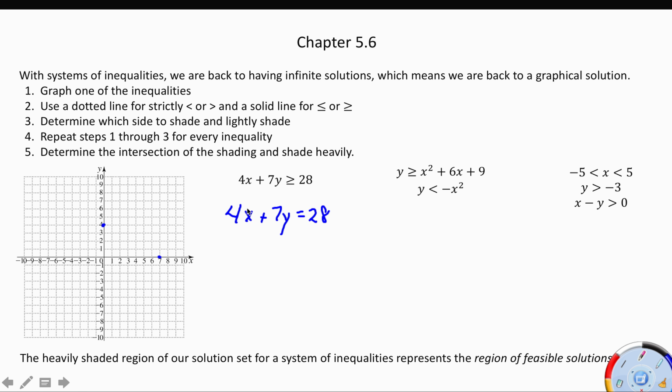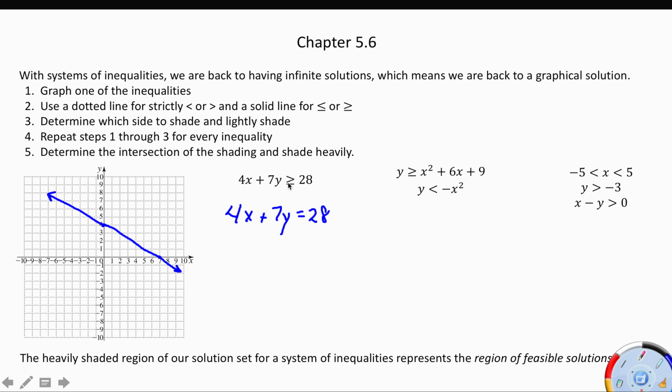Once I have 2 points, because this is a linear equation, I can just draw my, hopefully, straight line through those 2 points. The only difference in graphing an inequality versus an equality is I'm not finished yet.